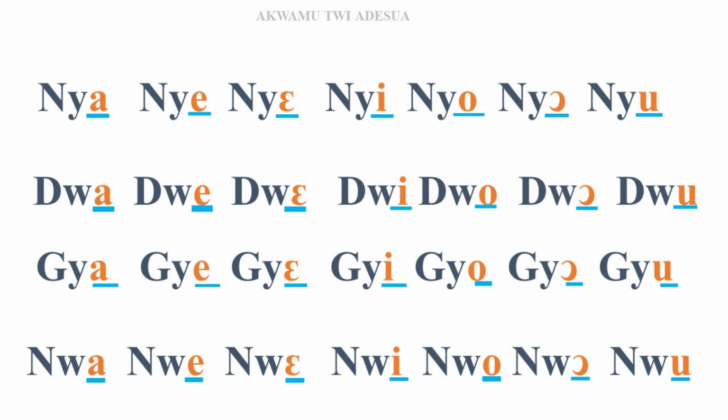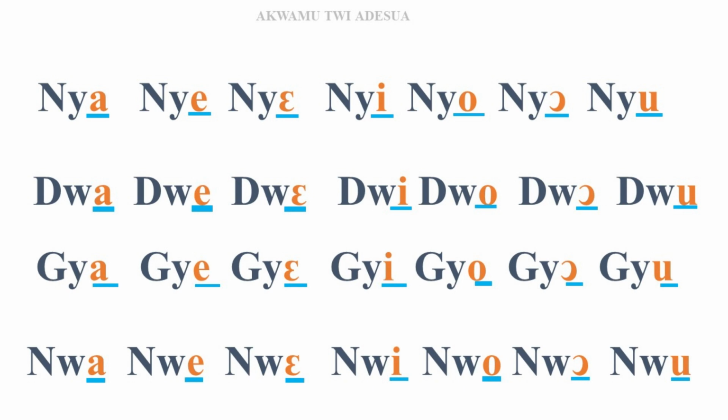We have the N and Y, which is the n and then the j. When you add or introduce the vowel sound a to it, you get nya, because ny gives the n sound. Then the ny and then the e will give us nye.